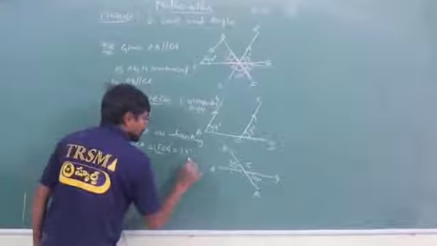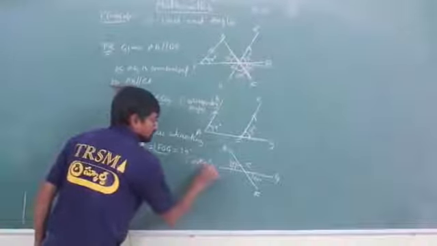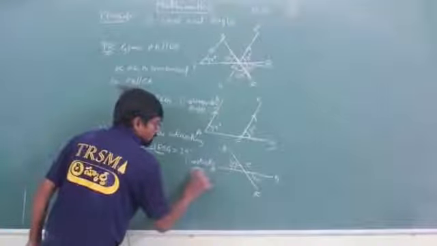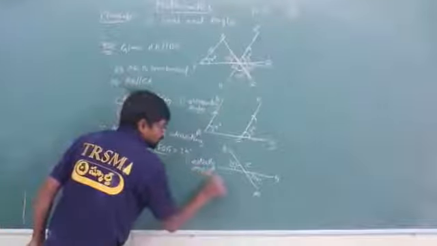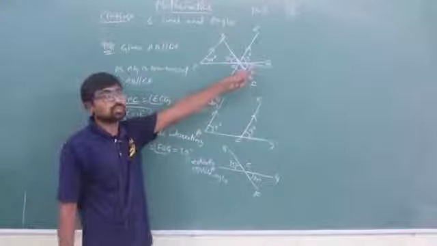Why? Because they are vertically opposite angles. So here I have got the value as 35 degree.